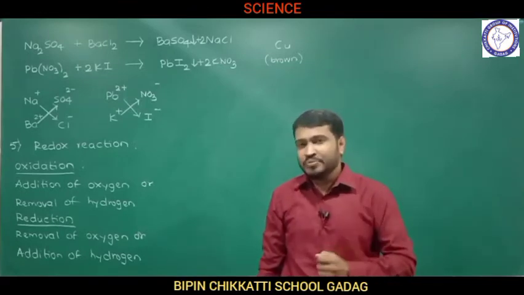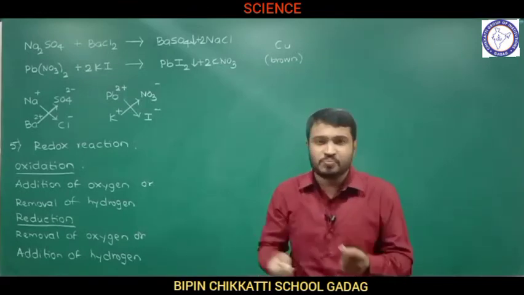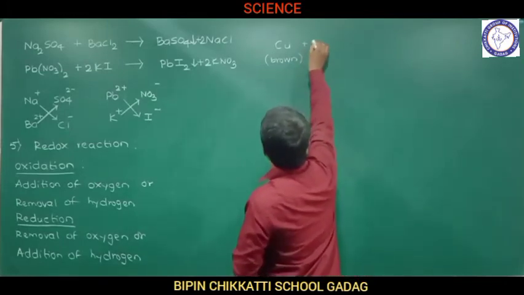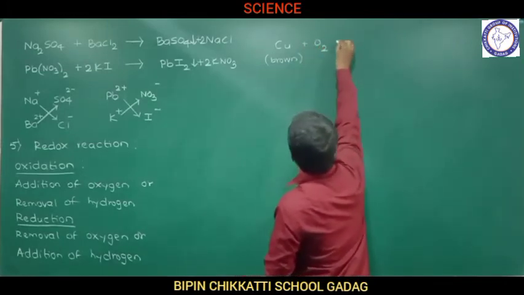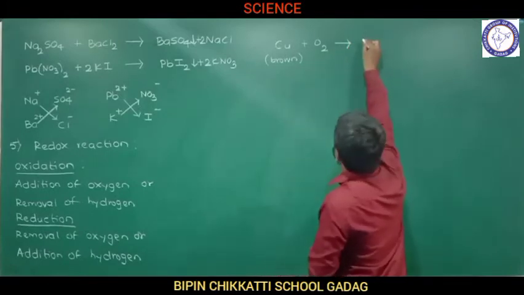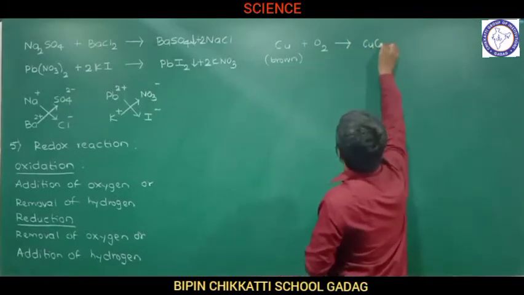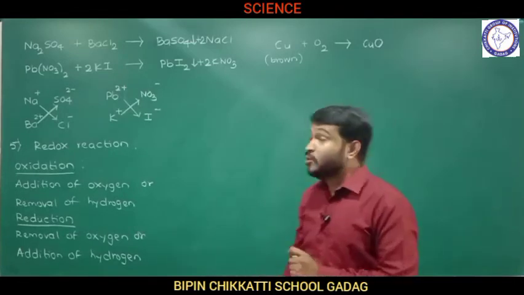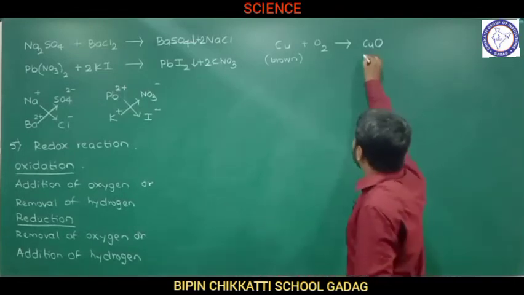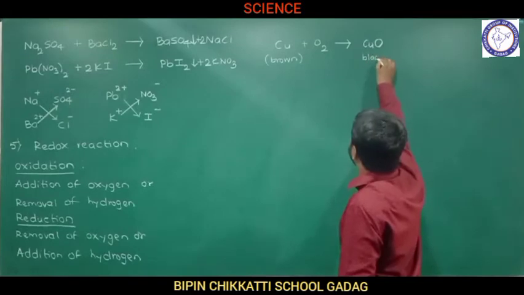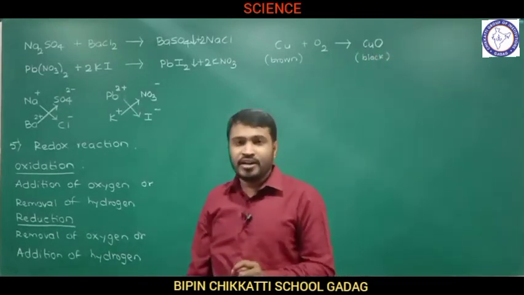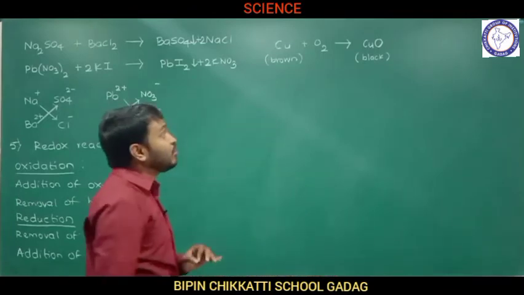Oxygen is present in the atmosphere, slow oxidation takes place in the course of time, and copper will react with the oxygen present in the atmosphere, and we are going to get a new compound, that will be CuO. Copper(II) oxide, cupric oxide, we are going to get, and the color of this compound will be a little black, you can say. So brown color copper is converted into black color cupric oxide.